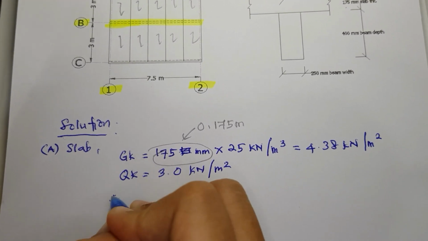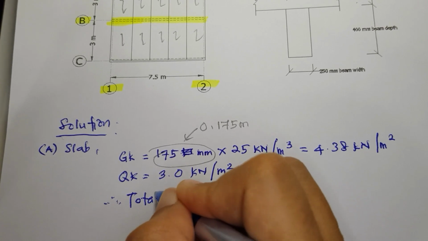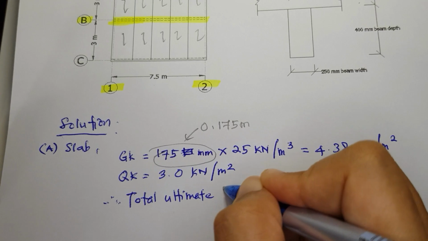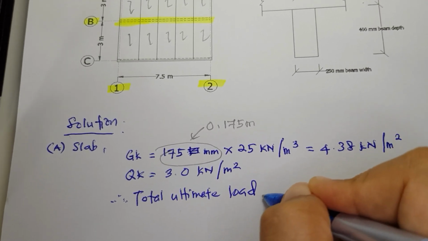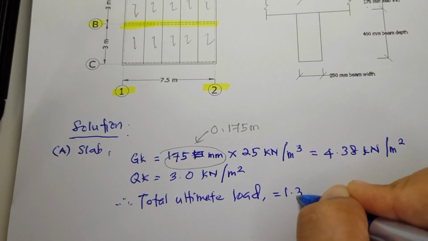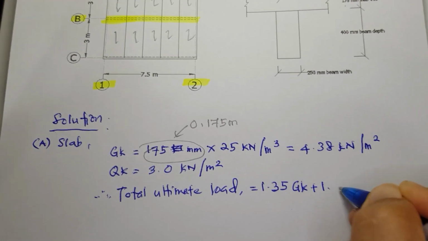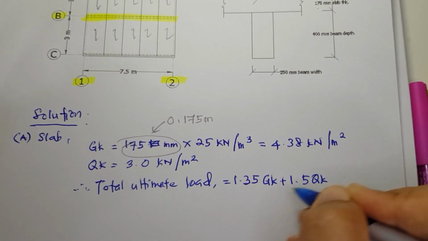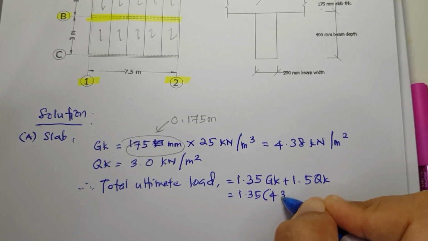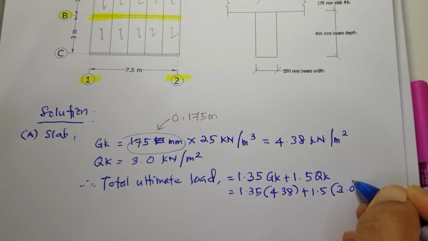Thus, the total ultimate load for slab is 1.35 GK plus 1.5 QK. 1.35 multiplied with 4.38 plus 1.5 multiplied with 3.0.